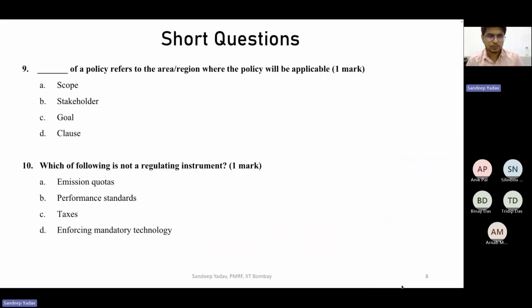Now moving to question number 9. Dash of the policy refers to the area, region where the policy will be applicable.